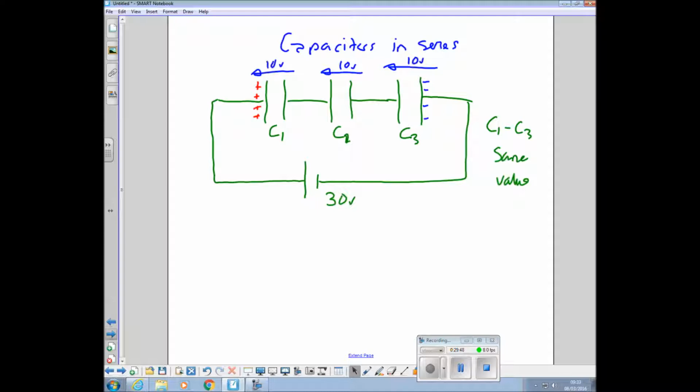This negative charge here will attract some 4 positive charges to that plate, which will have left 3 negatives on that plate, which again will attract 4 positives to that plate, that will leave 4 negatives on that plate.